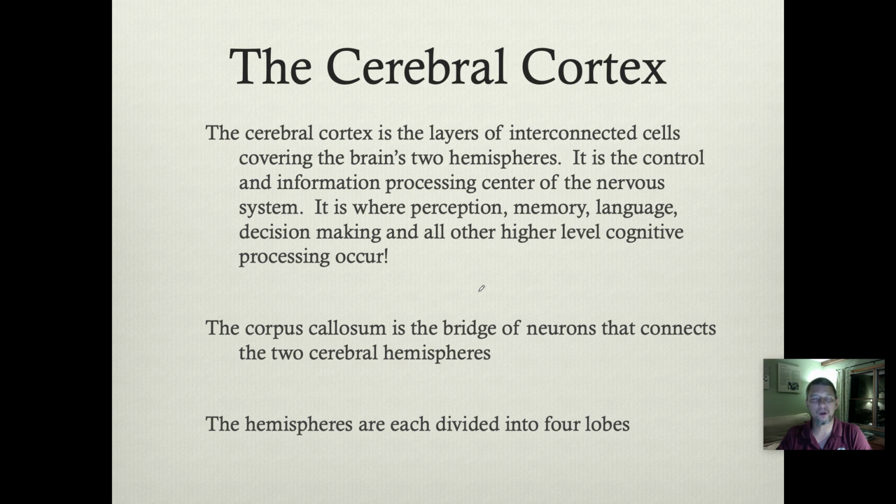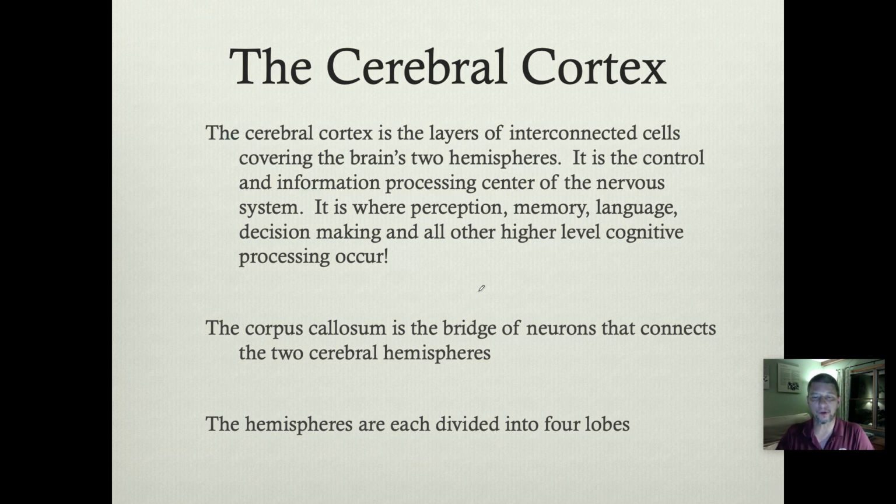All of that stuff that looked like noodles that you saw in the lower right-hand corner of the previous picture, that's the cerebral cortex. It is the control center and processing system of the nervous system. It's where we perceive things, where we remember things. It's the center of language, decision-making, and all of the high-level cognitive activities that we can do.